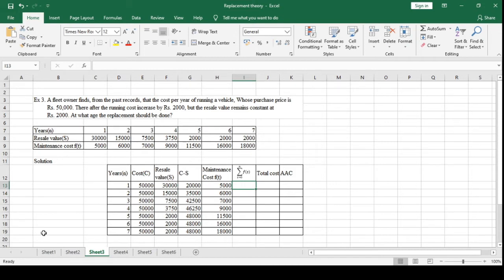Now next is your sigma F of T, or the summation of maintenance cost, the cumulative maintenance cost. For this we add the maintenance cost year by year. For the first year it remains 5,000. For the next year it becomes 5,000 plus 6,000, that is 11,000. For the third year, 5,000 plus 6,000 plus 7,000, that is 18,000. For the fourth year, 5,000 plus 6,000 plus 7,000 plus 9,000, and your answer will be 27,000.